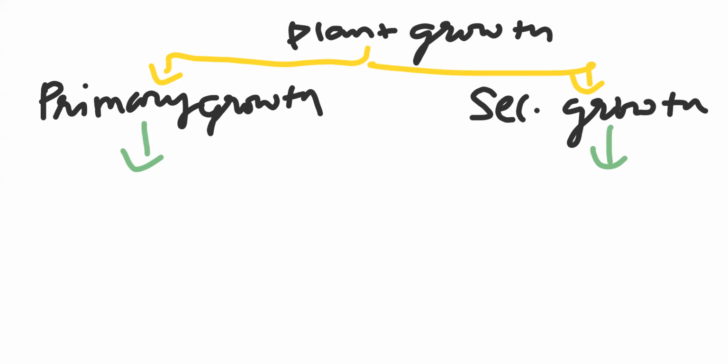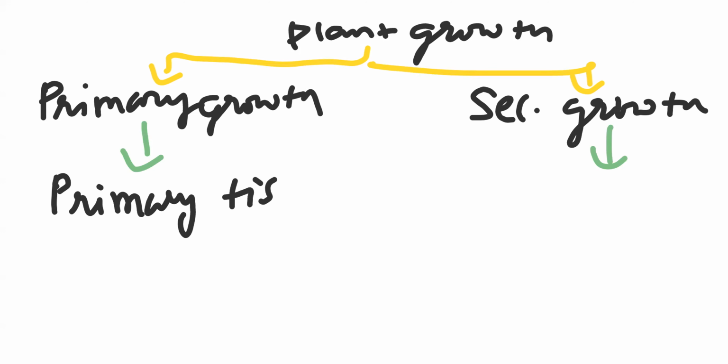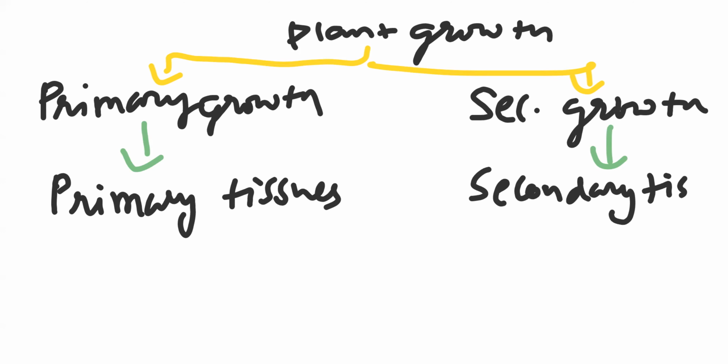Moving ahead. When a primary growth occurs, whatever tissues are formed are known as primary tissues. During the secondary growth, whatever tissues are formed are known as secondary tissues. Then further, this includes different types of tissues.